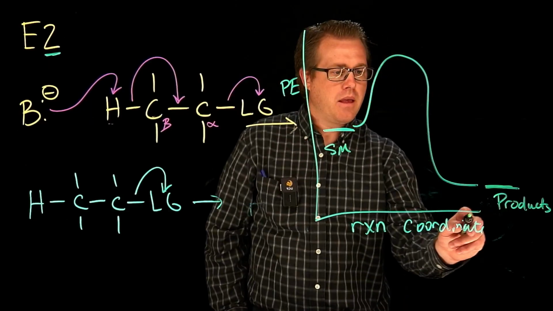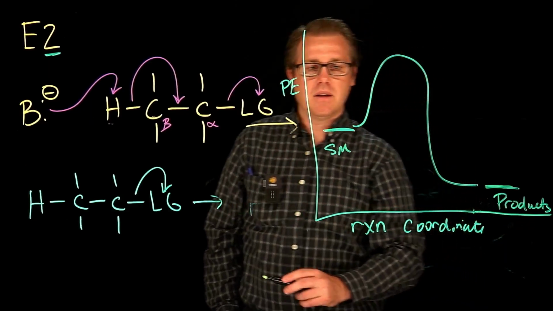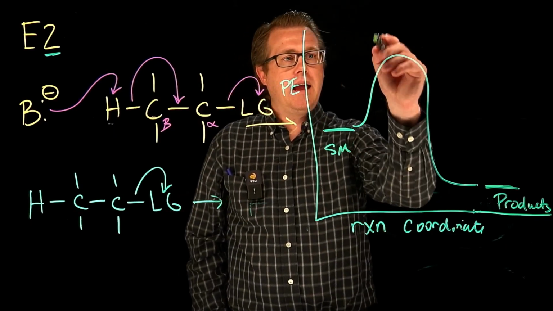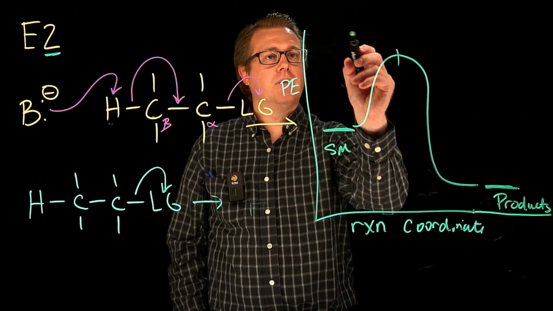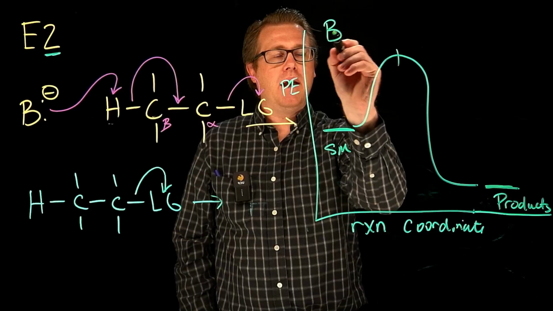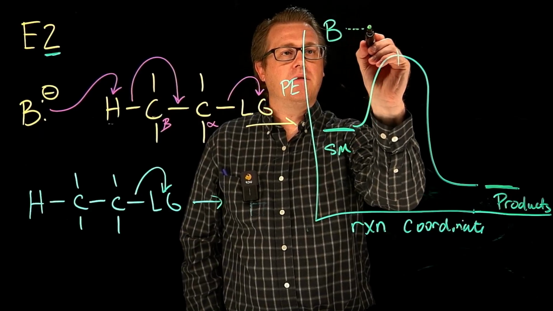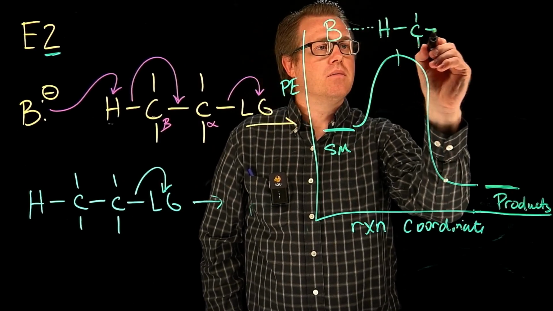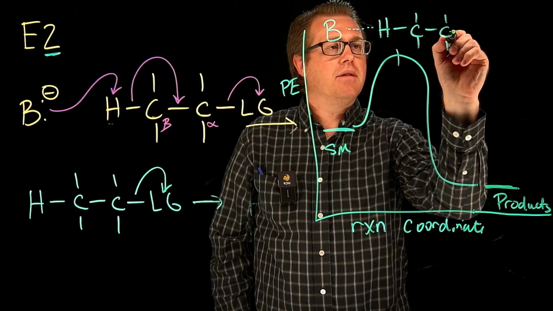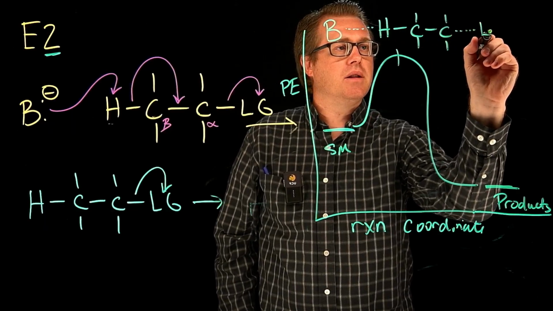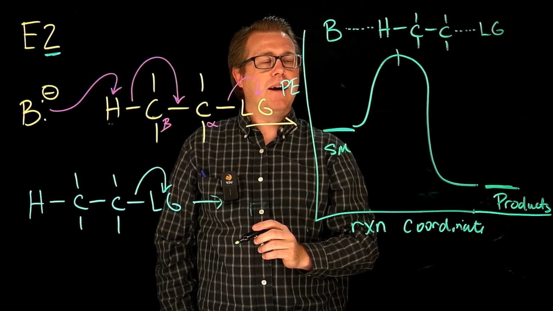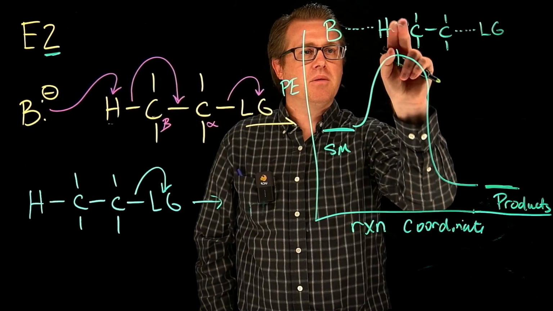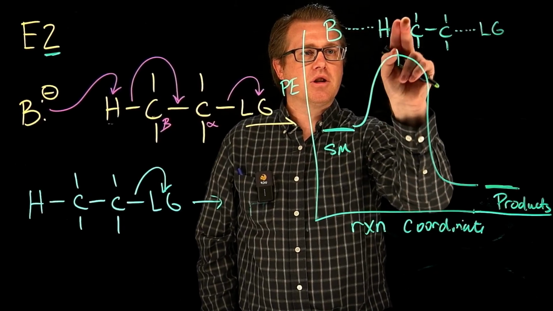Okay. Extend that x-axis over there. And so what's happening at the transition state right here? Well, we have the base that's starting to form the bond with the hydrogen. And the leaving group is starting to leave. And what else is happening? This bond right here, the hydrogen-carbon bond, is also starting to break.